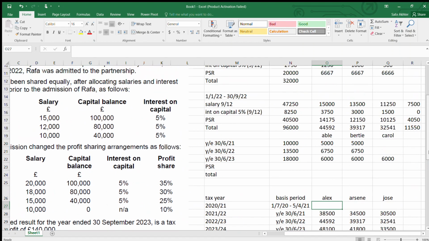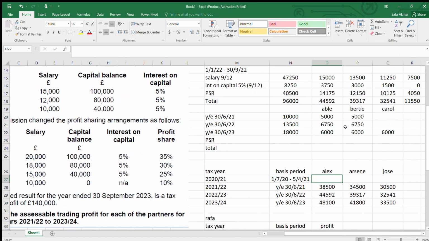It will be same. For Able and Berti, we have 5,000, 5,000, 6,750, 6,750, 6,000, 6,000.